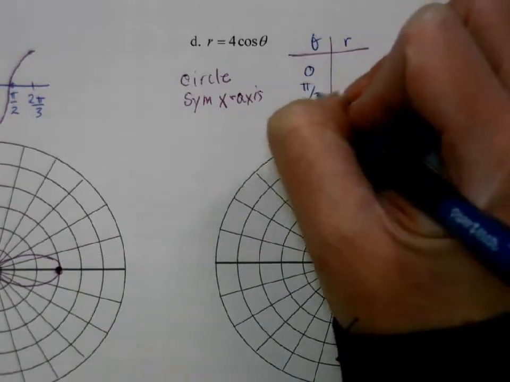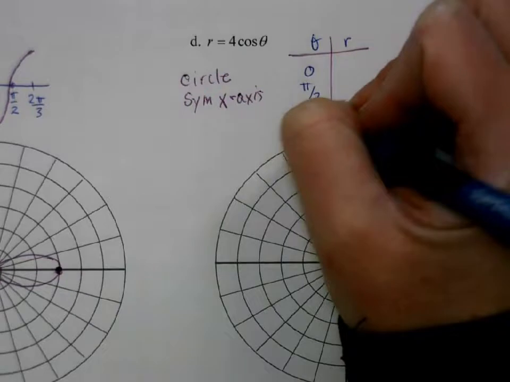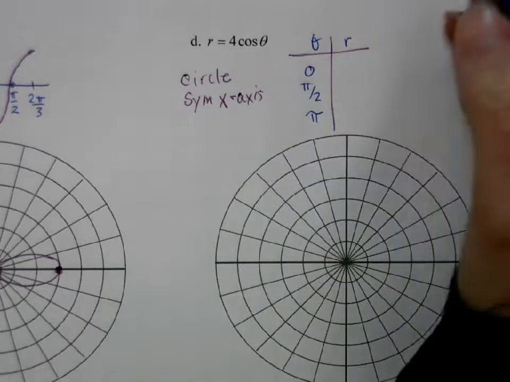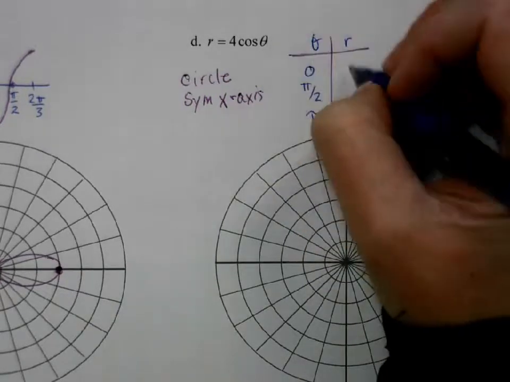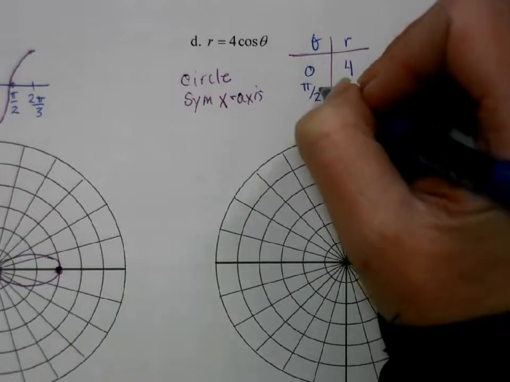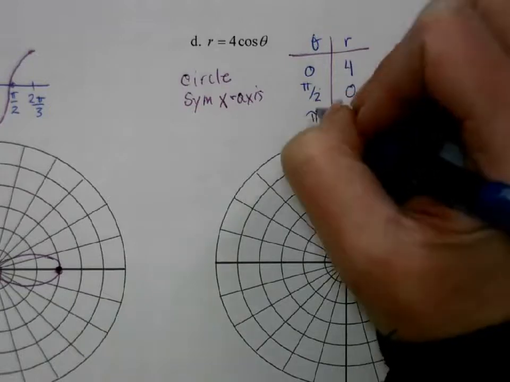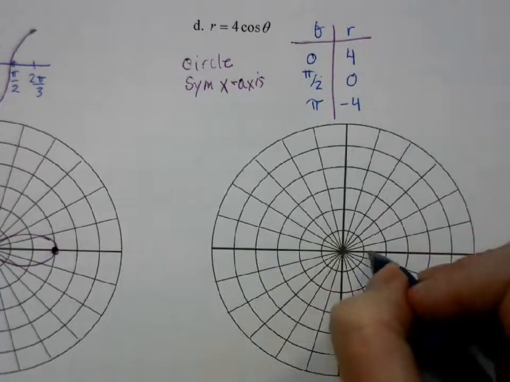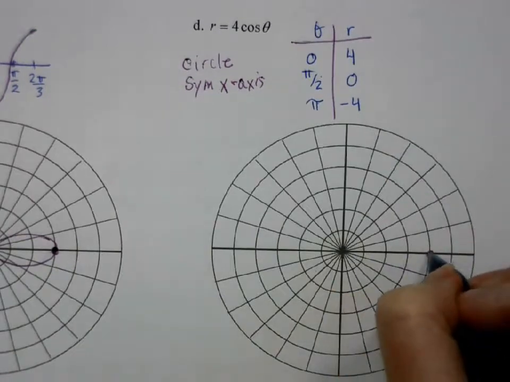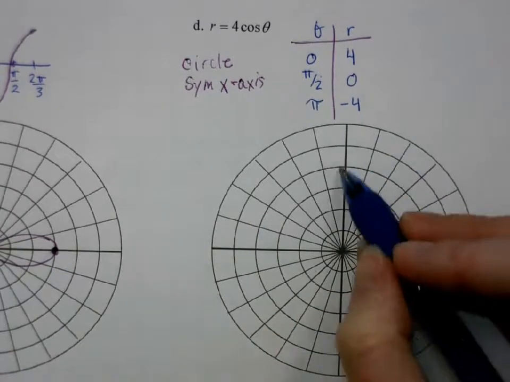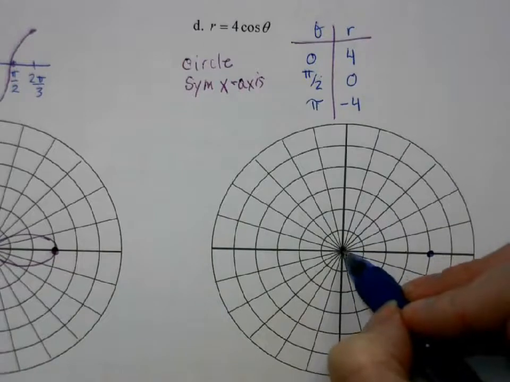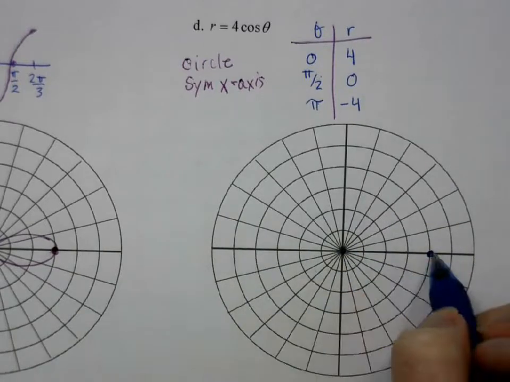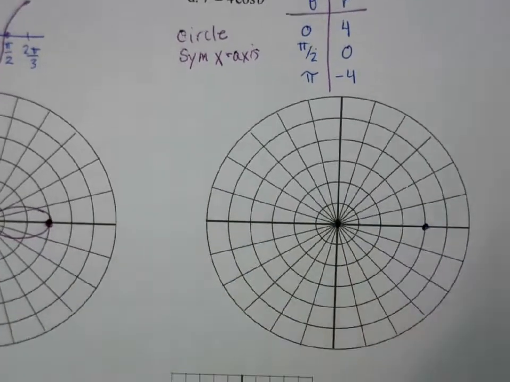If I plug in 0, cosine of 0 is 1, so we get 4. Pi over 2 is 0. Pi is negative 4. So on our 0, we're at 1, 2, 3, 4. Pi over 2 is at 0. And pi is at negative 4. So we have those 2 points, which isn't a whole lot to go on, but we know this is a circle. So let's go ahead and draw our circle.